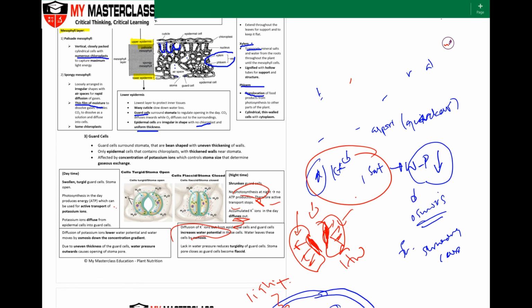So my water will leave the guard cells into the surroundings. So once the water leaves the guard cells into the surroundings, this turgor pressure that you see happening in the day will be lost. Okay? So when I lose the turgor pressure, eventually it will get back to being flaccid because there is no more turgidity. Okay, pretty logical, right?